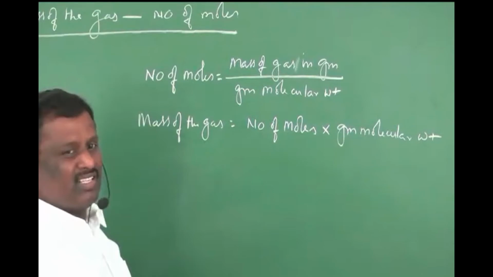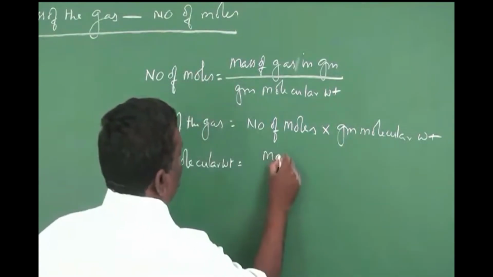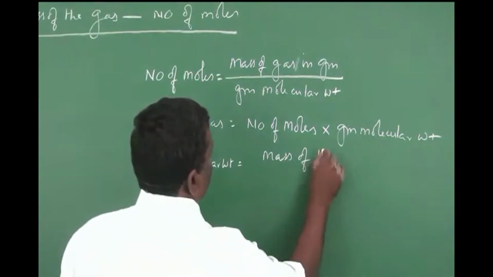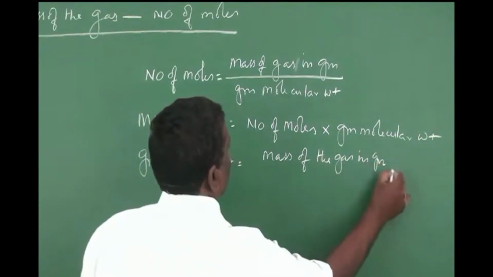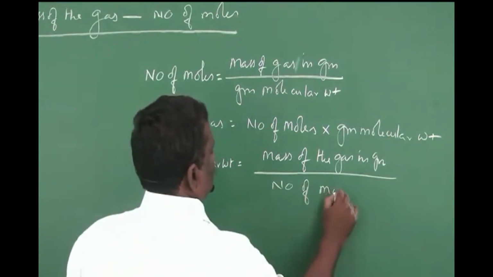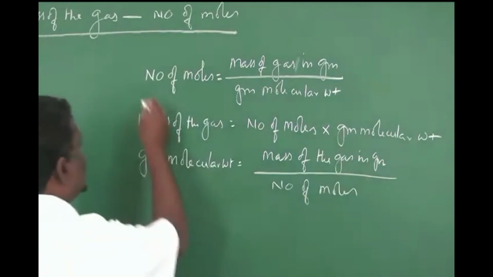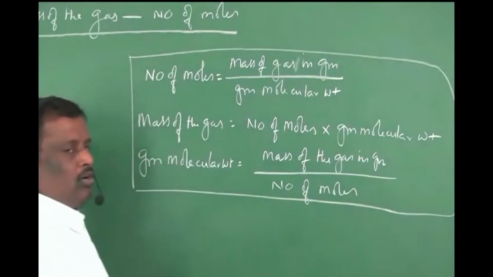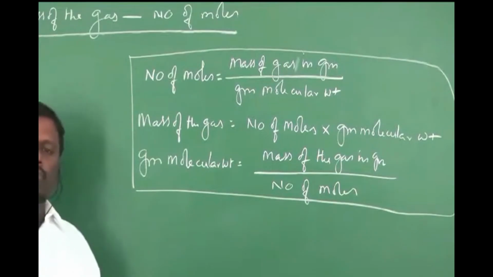Gram molecular weight is equal to mass of the gas in grams by number of moles. So these three formulas are very much useful to find out the relation between mass and number of moles, and mass and gram molecular weight, and so on.